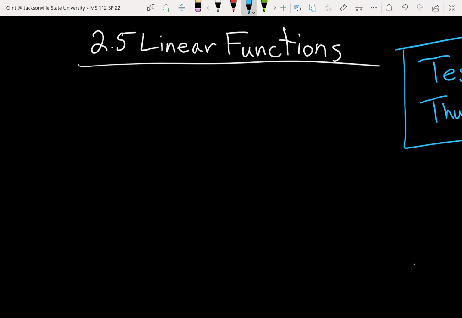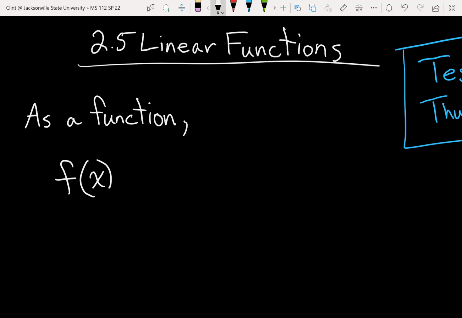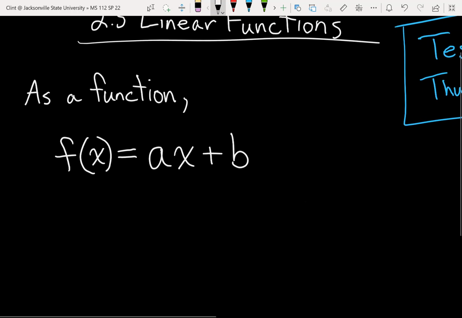Okay, so as a function, we're thinking about a line as a function. We can write down f of x, and if we want a straight line, sometimes you'll see the notation done like this. Or have f of x equals ax plus b. That's really not anything new. We just have different labels.